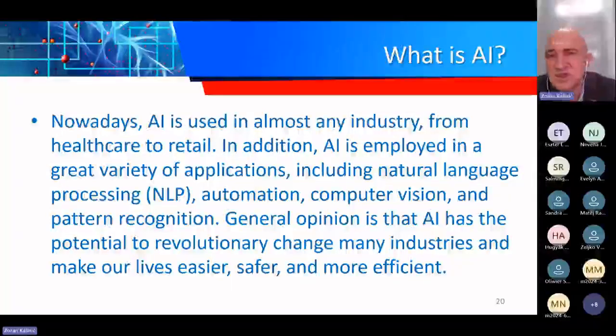So all these speech to text or text to speech tools. Also, a lot of tools are based on automation, so that artificial intelligence systems are solving or working on some problems instead of humans. Computer vision, of course, and pattern recognition.